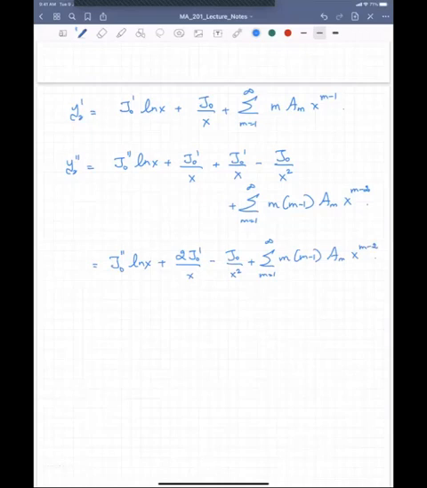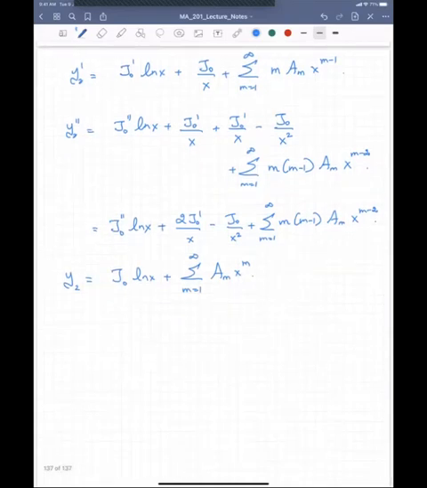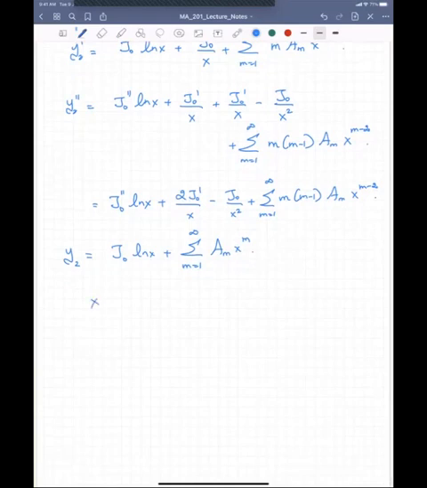For completeness' sake, I'll also write y2 here, which is J0 log x plus the sum from m equals 1 to infinity of a_m x to the m. So I have to substitute all of these into Bessel's equation. What's the Bessel equation in this case? x y double prime plus y prime plus x y equals 0.